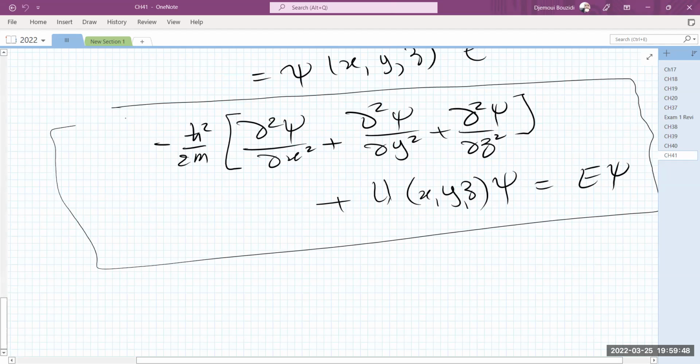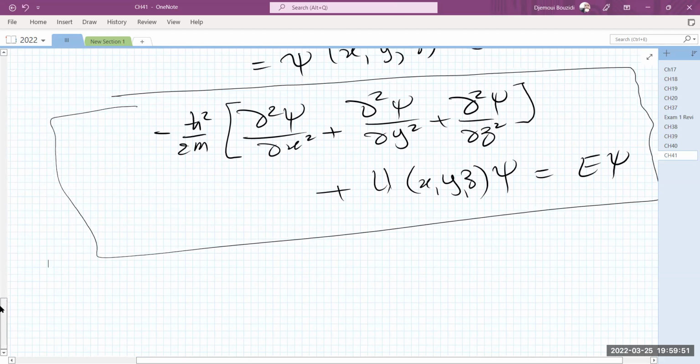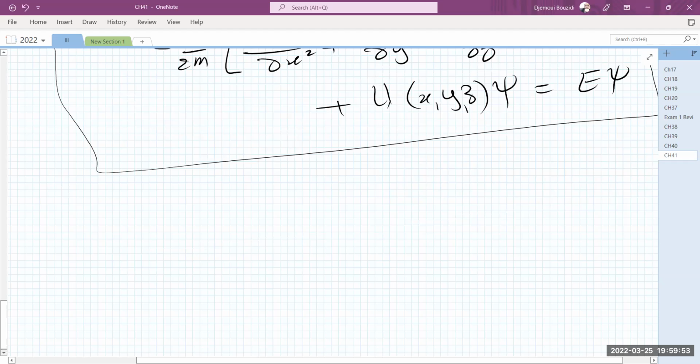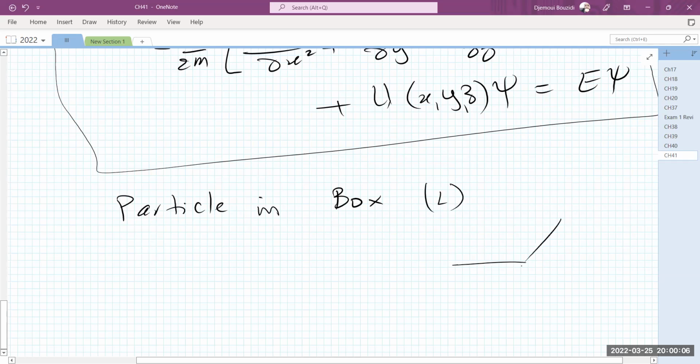So the first problem that we're going to tackle is our old problem, a particle in a box. And this time around, we really mean a box of size L. So imagine you have a cube of width, depth L, capital L. I'm not going to write it as side L and height L. Okay.